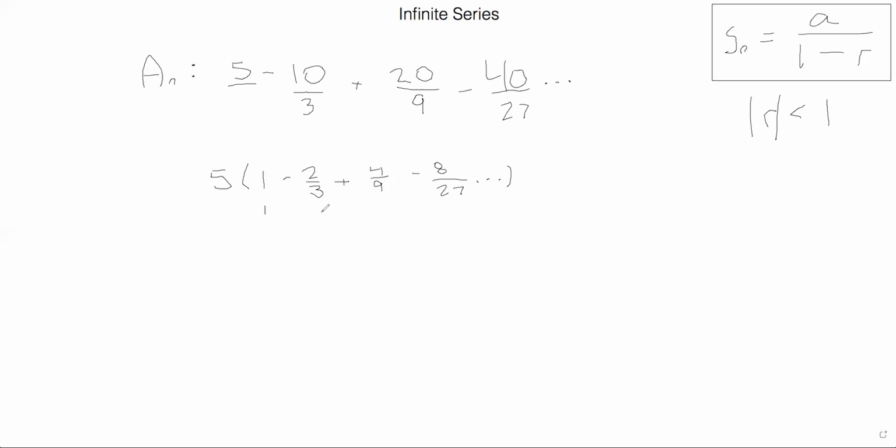We have 1, 2, 3, 4 as our indices. Whenever we have an odd index, it produces positive elements. Whenever we have even indices, it produces negative elements. So in this case, the common ratio has to be negative 2/3. And A is pretty easy to see: the first element of the set is 5. So A has to be 5.